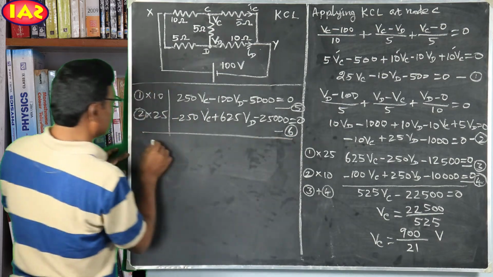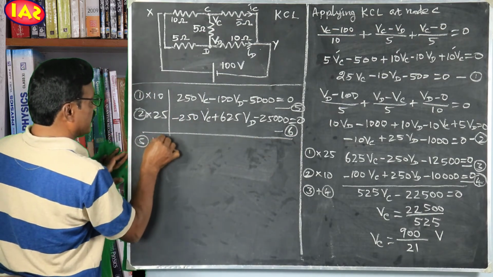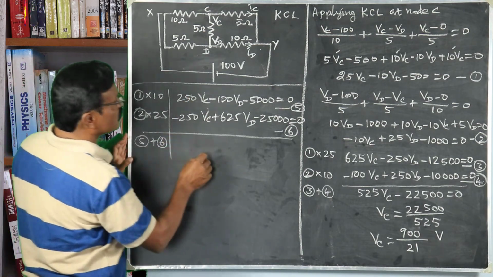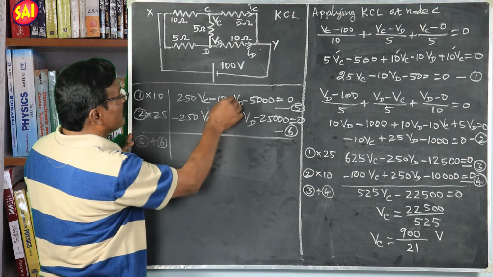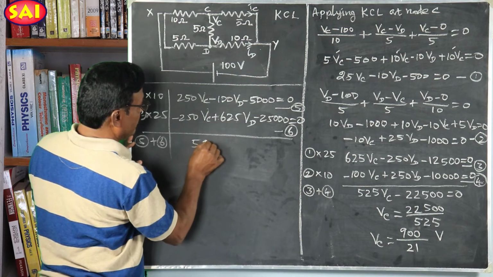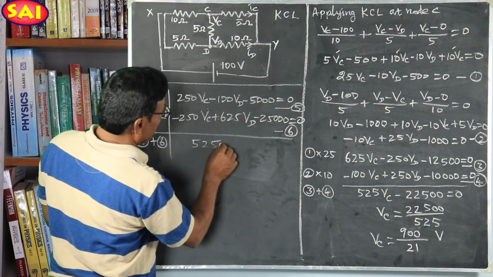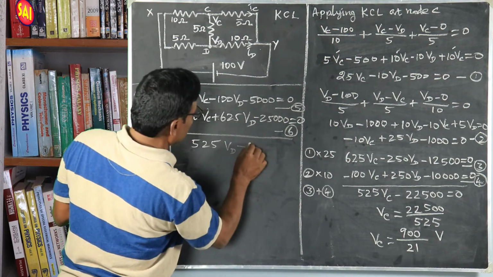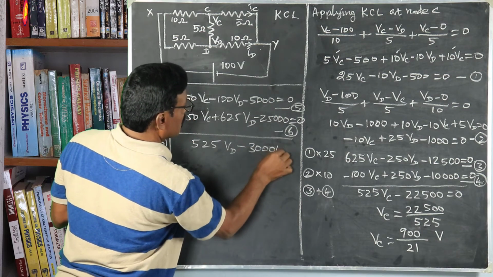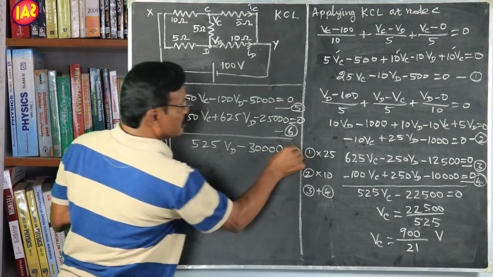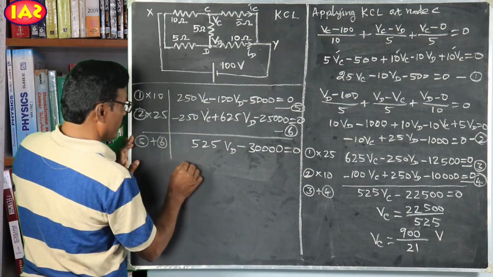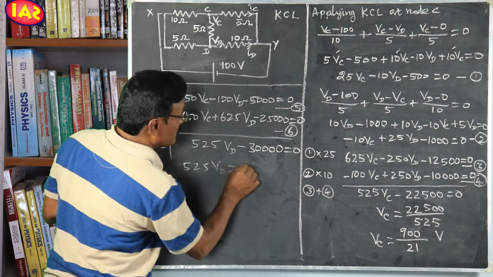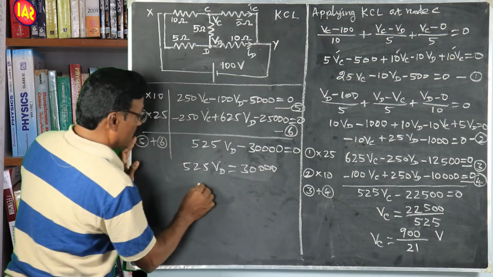Now add 5 and 6. Equation 5 plus 6 will give, this will cancel out, 625 minus 100 will be 525 VD, minus 25 plus 5, 30,000, equal to 0, or 525 VD is equal to 30,000.